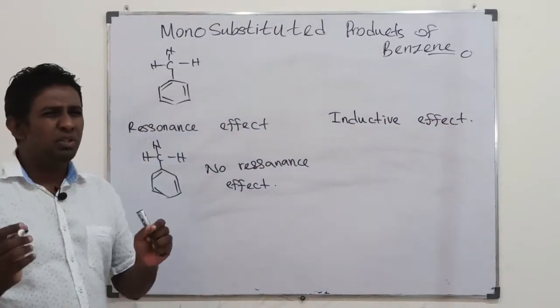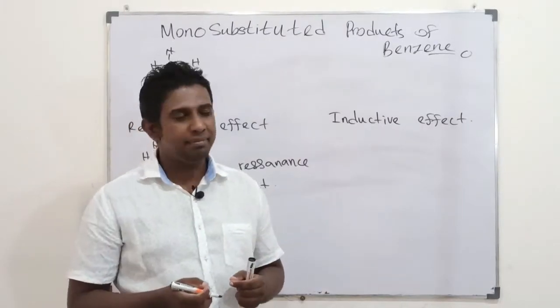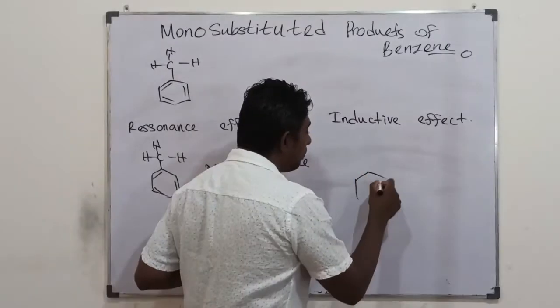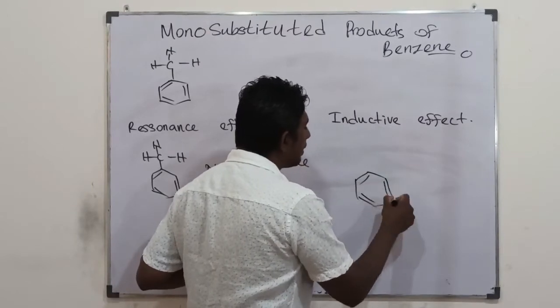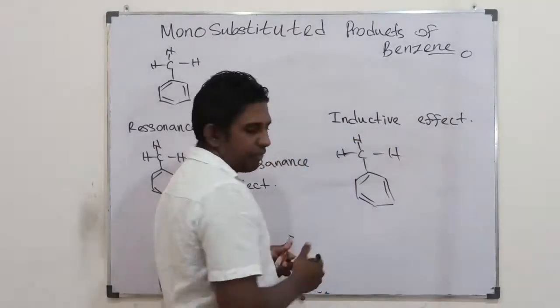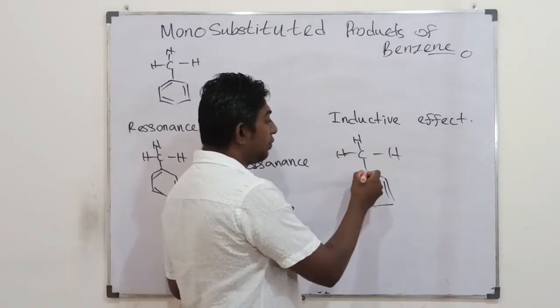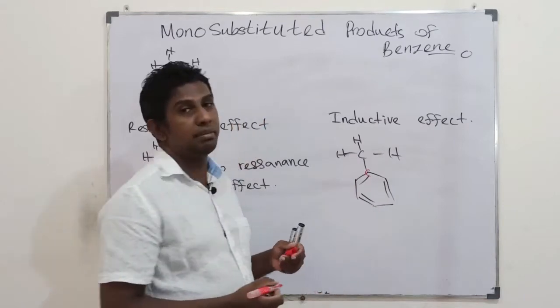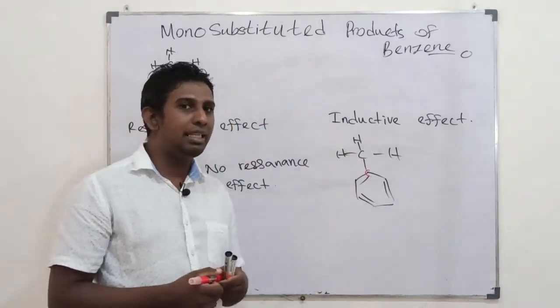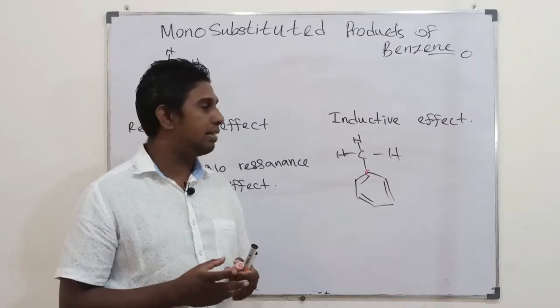Okay. Students, regarding the inductive effect of toluene's methyl group, you could see that both are carbons. There is no significant electronegativity difference between this carbon and this carbon. Therefore, at the very beginning, it signals no inductive effect as well.